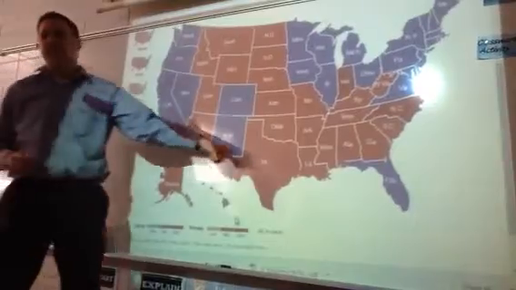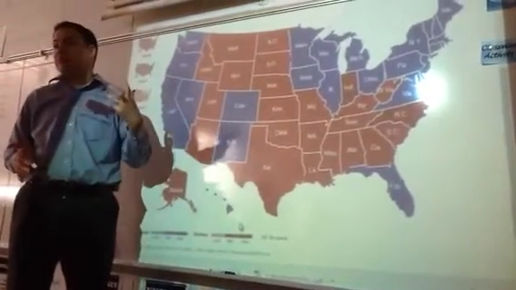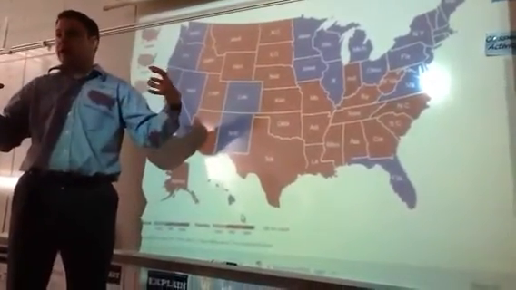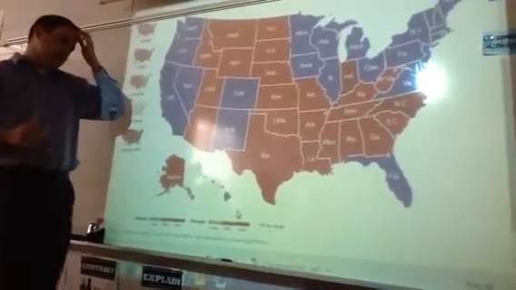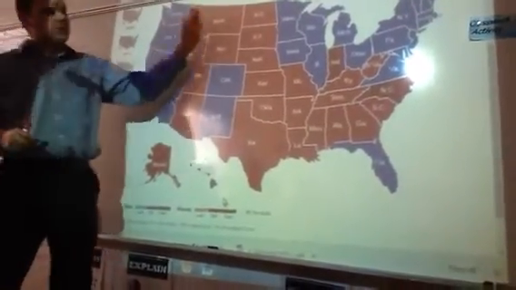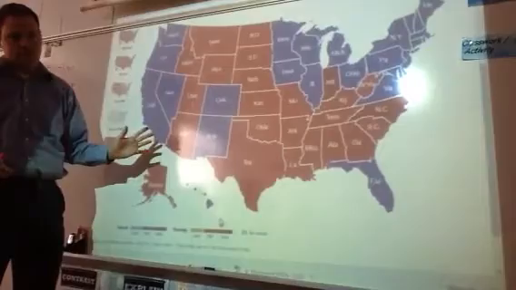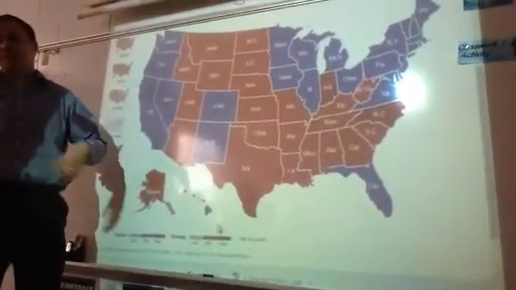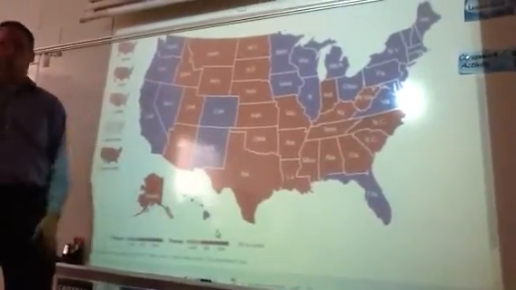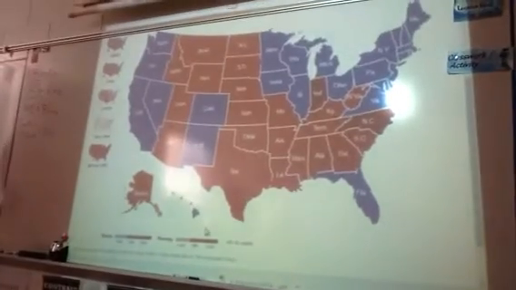But again, Texas is a high population, but it's very spread out, right? So Nico brought up a good point that rural areas tend to be more Republican, where more urban areas tend to be more Democrat. Anything else that we notice?